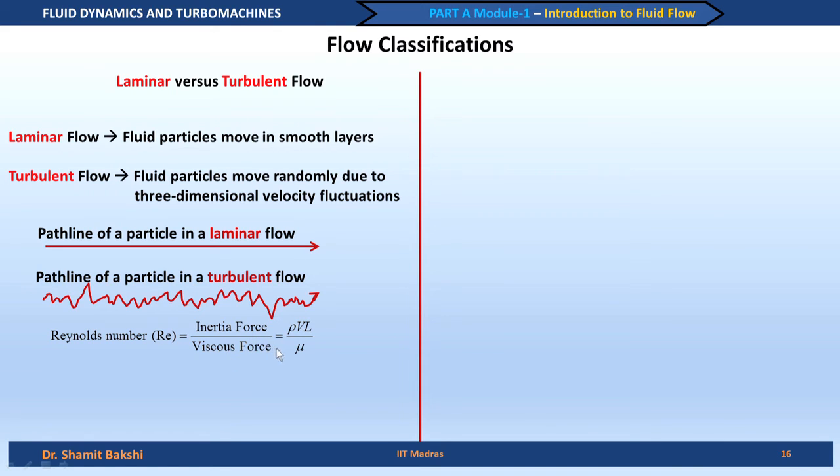You can show that this ratio of forces comes out mathematically as rho, density, times velocity, times length scale, divided by dynamic viscosity. For a pipe flow the length scale will be the diameter of the pipe, for a flow over a flat plate it is the length of the plate. Of course, this is a non-dimensional number and the value of this number will say whether the flow is laminar or turbulent.